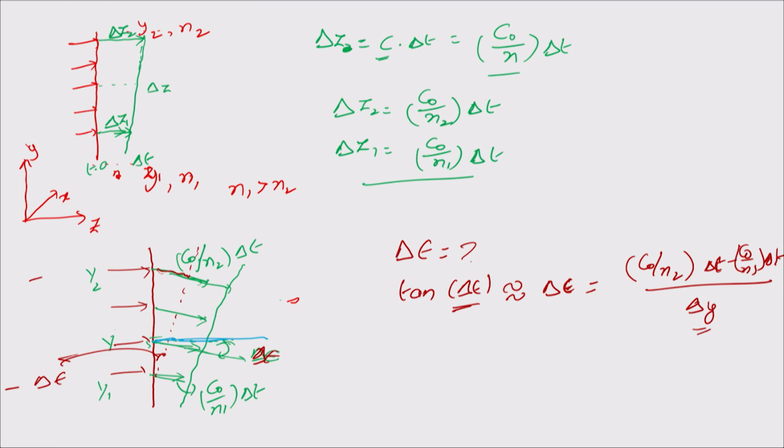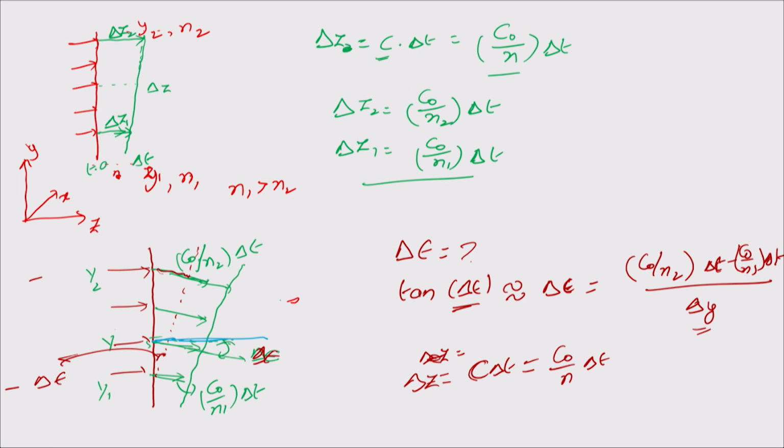If we take the mean value, we can also write delta z, or c times delta t as c naught by n, sorry, delta t, which is nothing but the delta z value.